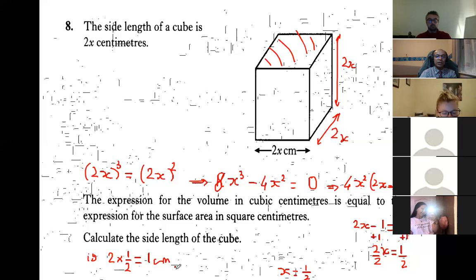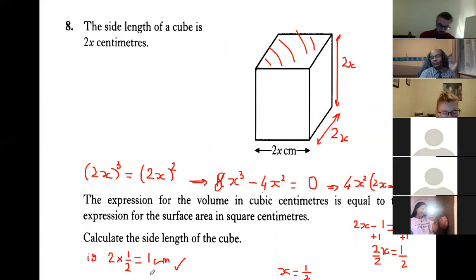Now, do you think I would stop here? I'm going to reread the question and check that 1 centimeter makes sense. In order for a volume to be equal to the surface area, 1 times 1 times 1 is 1 centimeter cubed. But 1 times 1 is 1 centimeter squared as well.